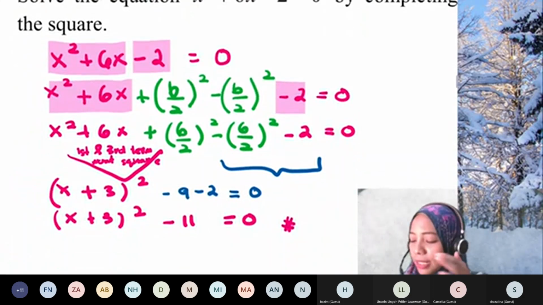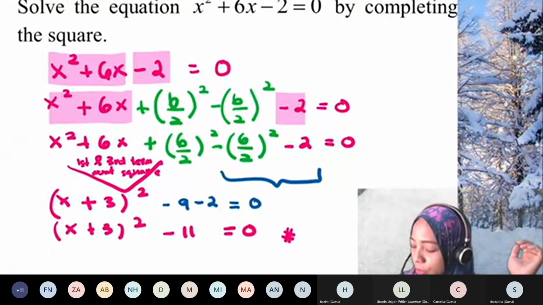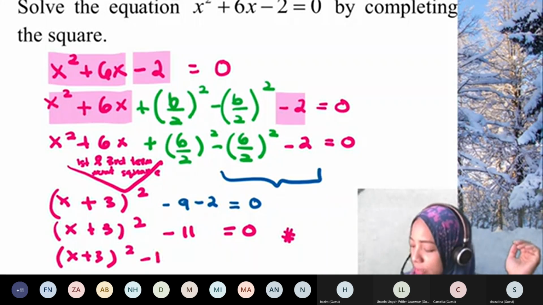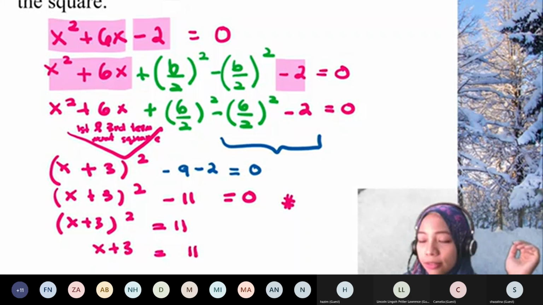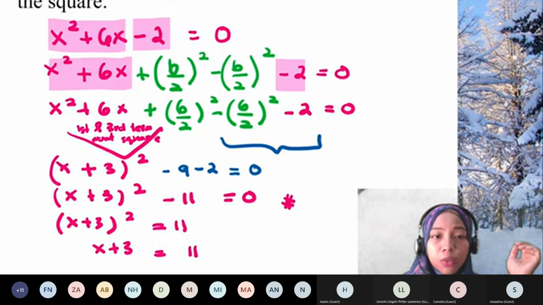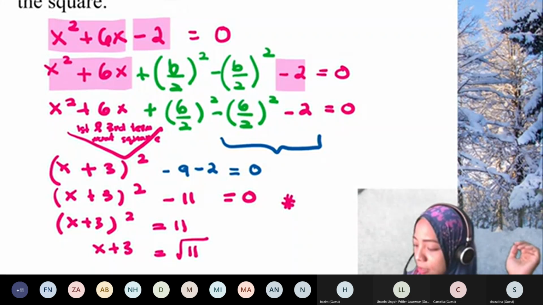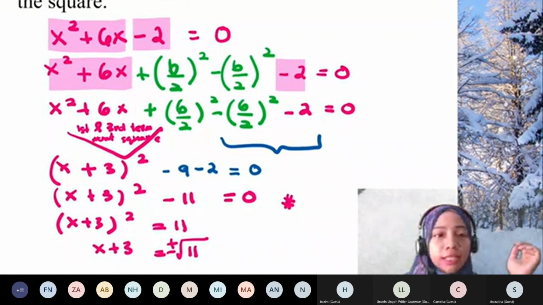Okay, tapi tak habis lagi, tak solve for x lagi. So (x plus 3) square minus 11 equals to 0. So ini you bring to the right, so it's equals to 11. So x plus 3. So when you have a square, you square root both sides. Mesti ada plus minus.